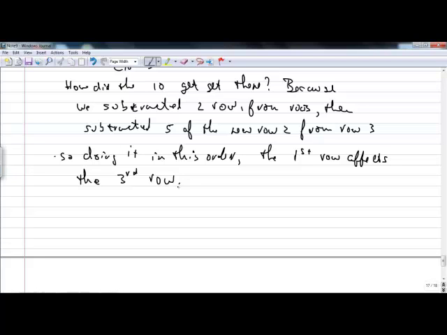Because ultimately 10 times row 1 in this case was subtracted from row 3.